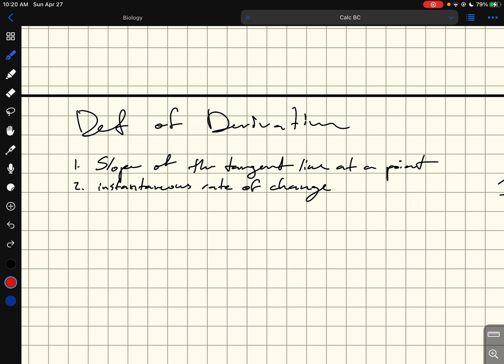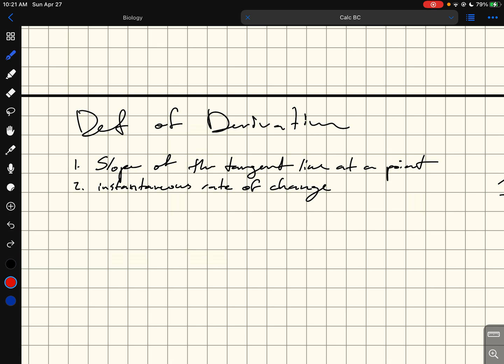So if a question asks you, what is the slope of a tangent line at this point, you're going to be like, okay, what I need to do is take the derivative of the function and then plug in the x value at that point to find the slope of the tangent line at that point. Or if they ask you, what is the instantaneous rate of change of blah blah blah, then you know you're taking the derivative of blah blah blah.